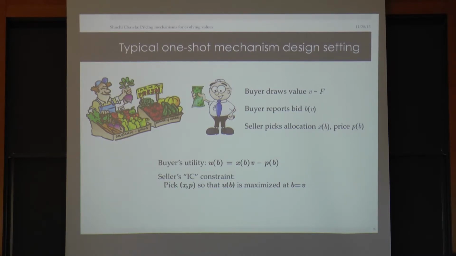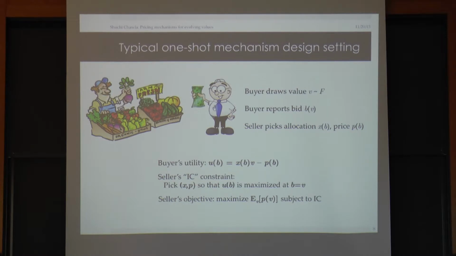So that's the constraint. And let's say that we're talking about maximizing the seller's revenue. So the seller wants to maximize the expected payment, in expectation over V drawn from this distribution, that he gets from the buyer. So this is the problem that the seller is trying to solve, and this is really well understood.